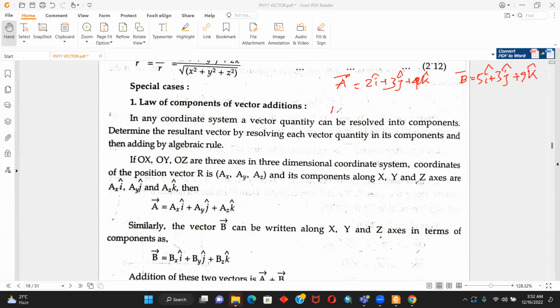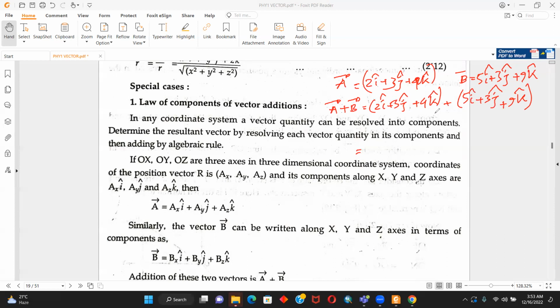So what will a vector plus b vector be equal to? Let us write down the values. It will be 2i hat plus 3j hat plus 4k hat plus, for b vector, 5i hat plus 3j hat plus 9k hat.